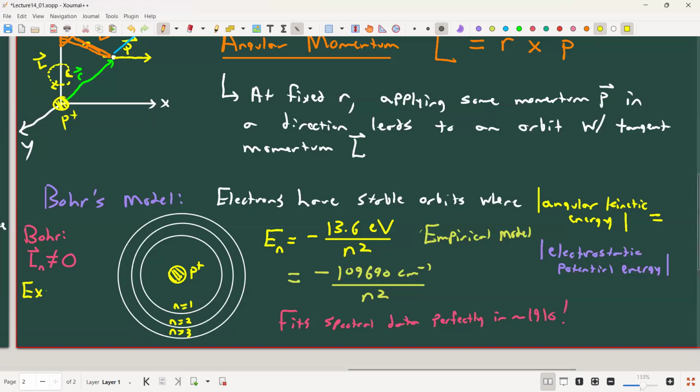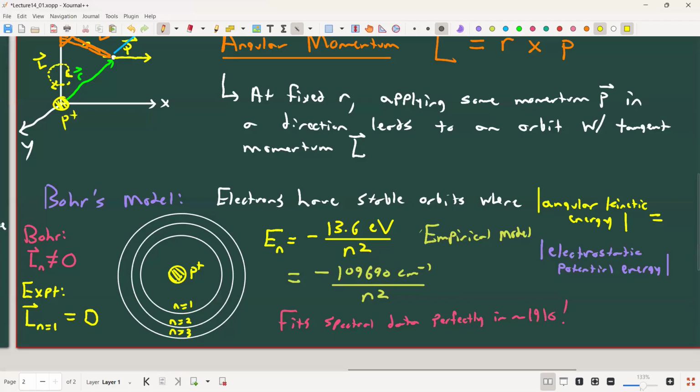And guess what we find out in an experiment just about 10 years later by Stern and Gerlach, amongst other people, is that the angular momentum of the n equals 1 state is 0. Sorry, there's no n equals 0 state.